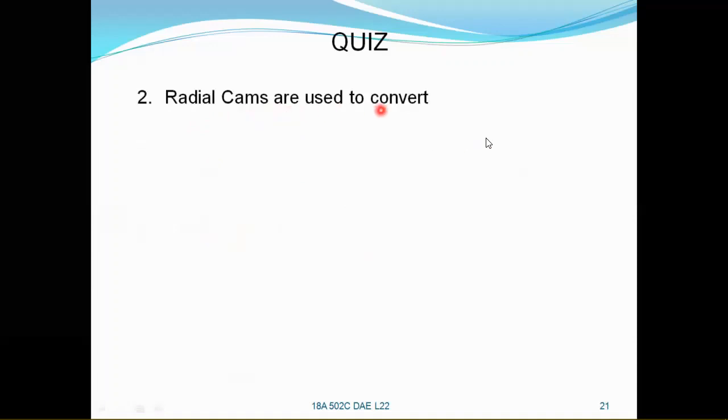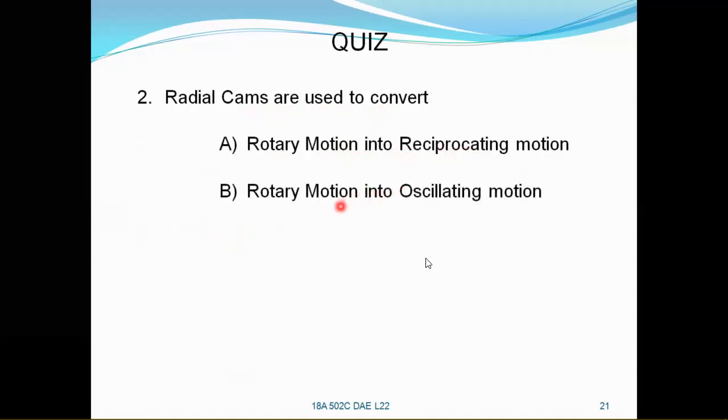Radial cams are used to convert rotary motion into reciprocating motion, rotary motion into oscillating motion: A and B, none of the above.